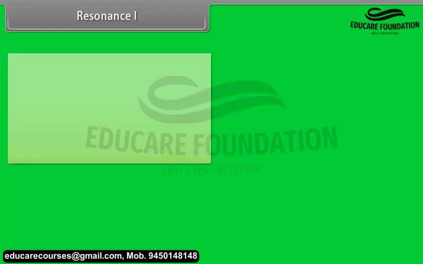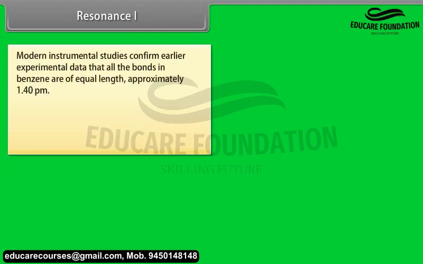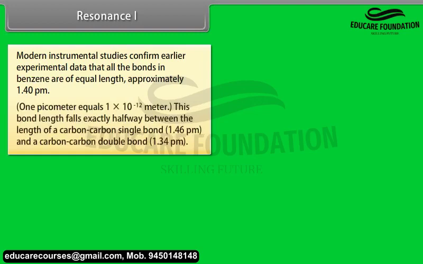Resonance. 1. Modern instrumental studies confirm earlier experimental data that all the bonds in benzene are of equal length, approximately 1.40 picometer. 1 picometer equals 1 × 10^-12 meter.